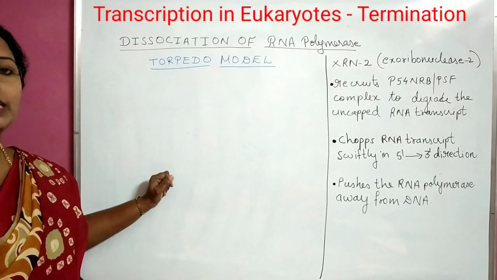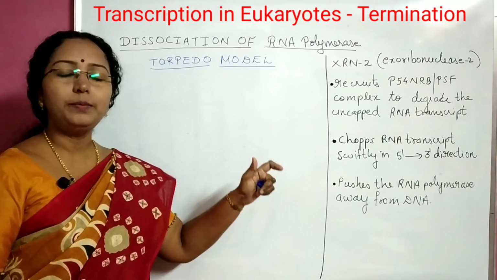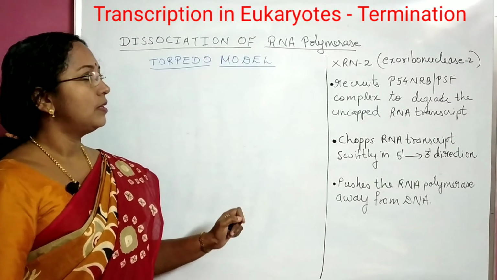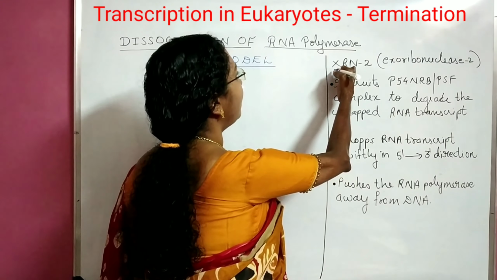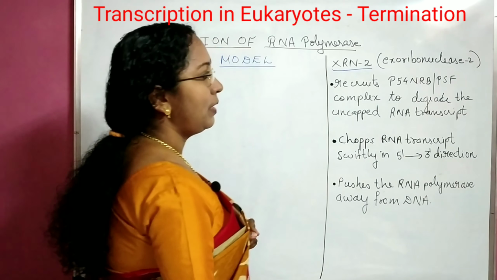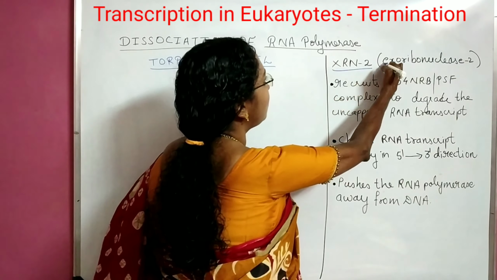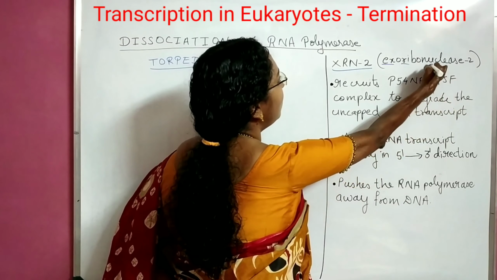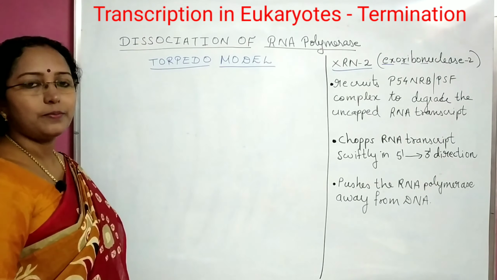Torpedo model of dissociation of RNA polymerase or Torpedo model of termination of transcription. Here the key player is the XRN2 enzyme. XRN2 represents exoribonuclease 2 enzyme. This is the key player.